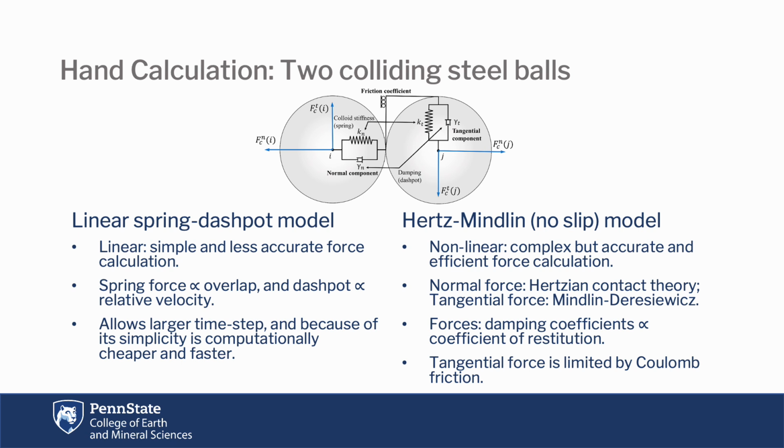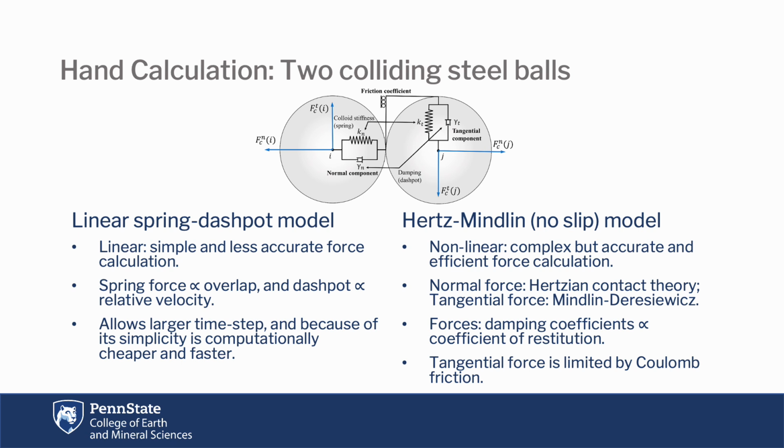But the Hertz-Mindlin no slip model is non-linear, and of course because of that it's complex, but because of the complexity and the non-linearity, it has a much more accurate approximation to the actual value of the forces at the point of contact. So it's accurate, and the force calculation is much more efficient.